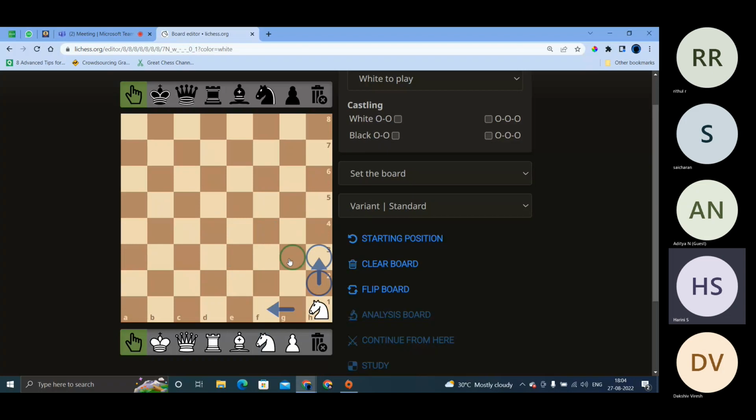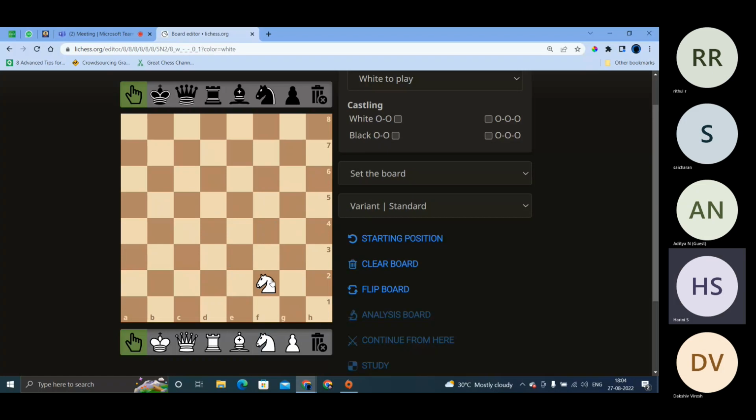The knight will not land here, it will not come here. It will travel over here, but it will only go and sit here. So you take the knight and put it here, or it goes two steps in this direction and lands here. It may be a little tricky for you.